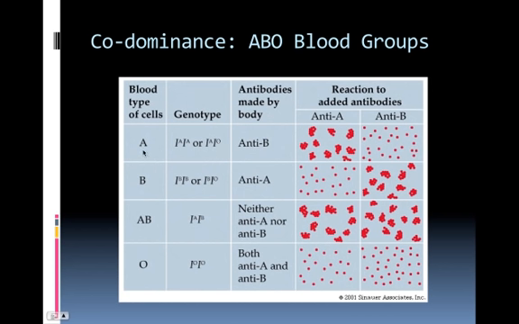Basically, if you have type A blood, your body is going to reject anything that doesn't look like you, and so your body is going to make antibodies or molecules that are going to attack non-A blood cells. Any B blood in your body will actually cause an immune reaction, as we see in these last two columns.